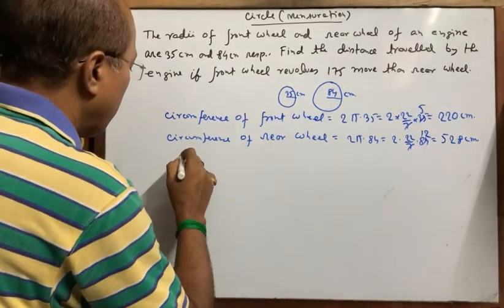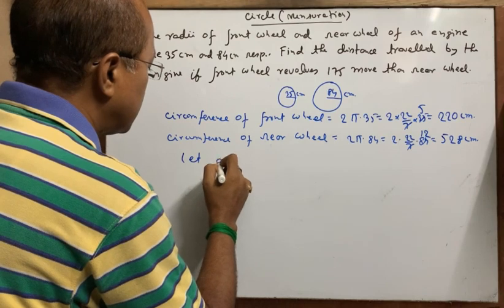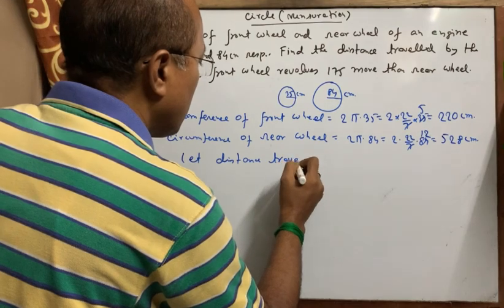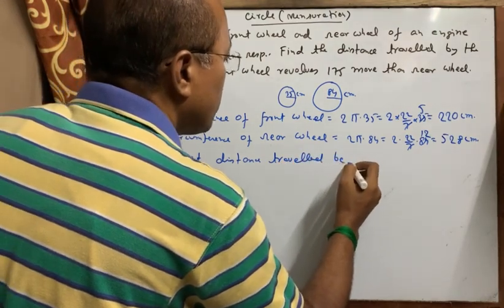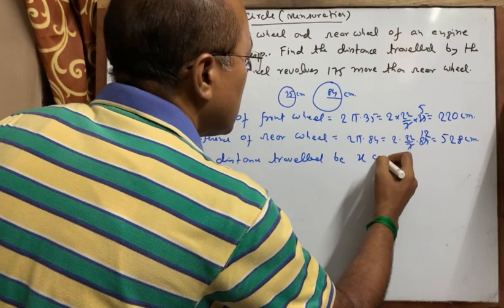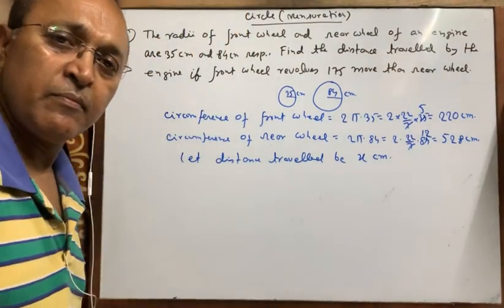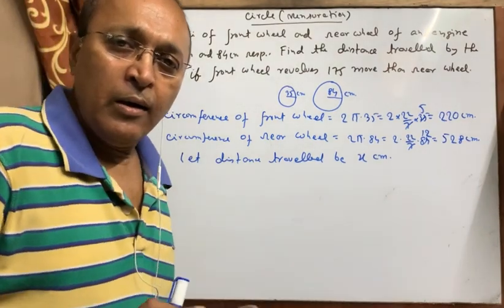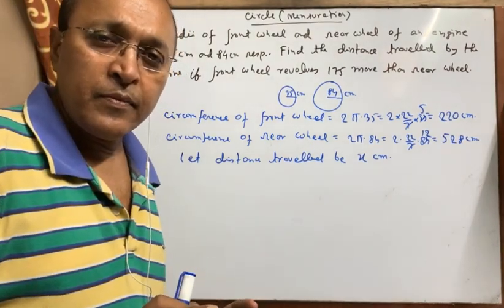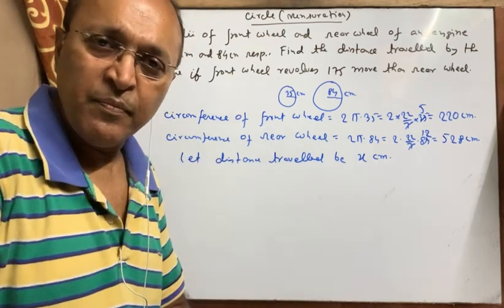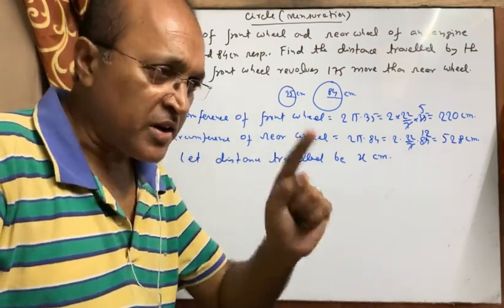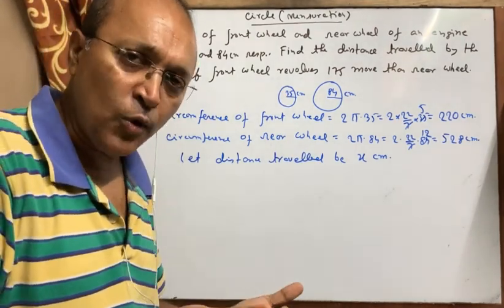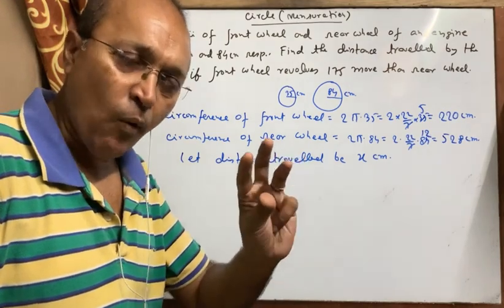Let the distance travelled be x centimeter, right. Number of rotations means total distance travelled divided by circumference, because all of you have come to know that one circumference is one complete rotation.